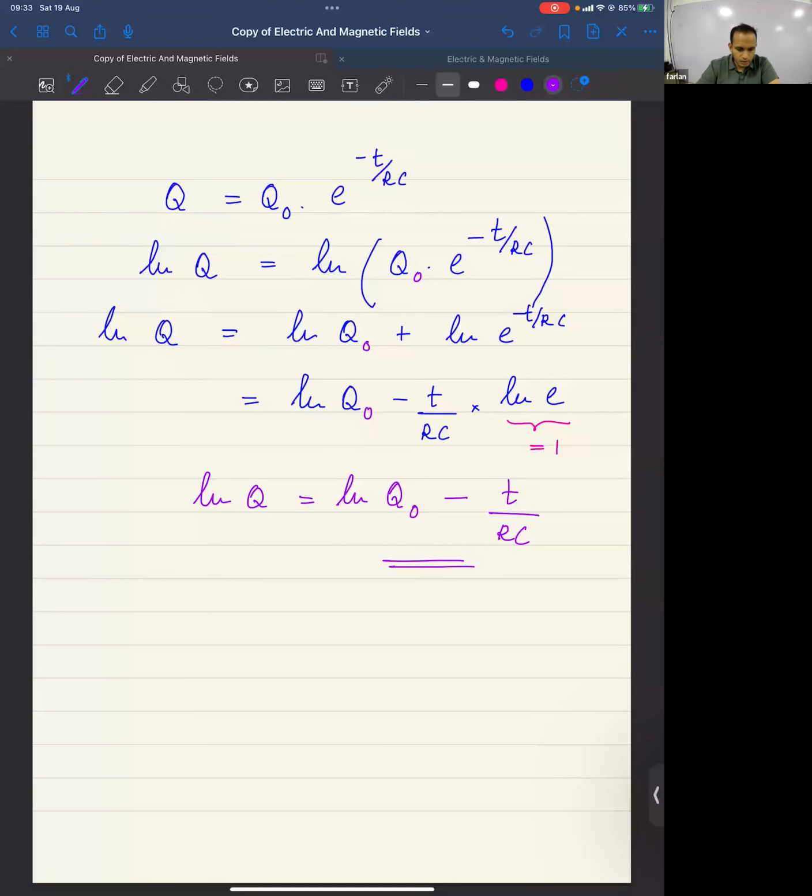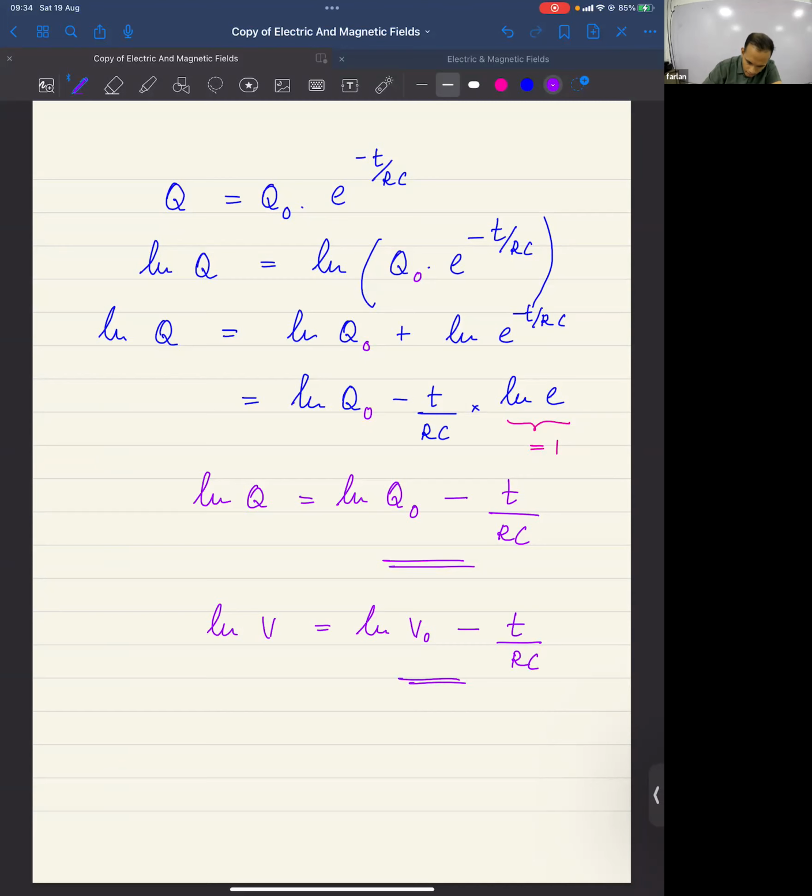So guys, then obviously you can do this for the other two as well. Then similarly, if you take the voltage variation, ln V equals ln V naught minus T over RC.